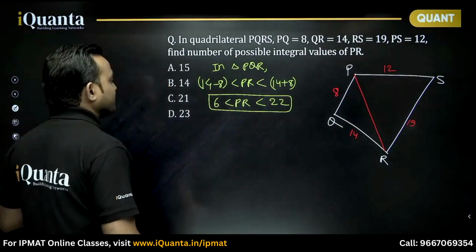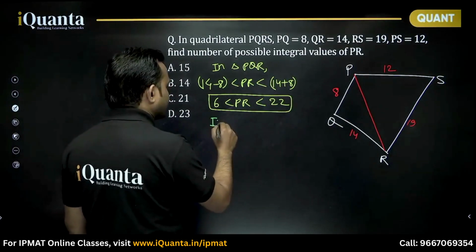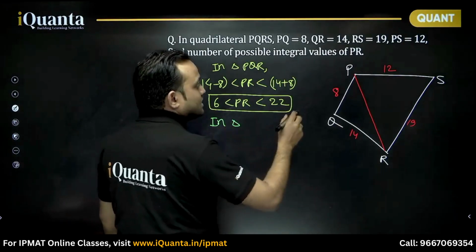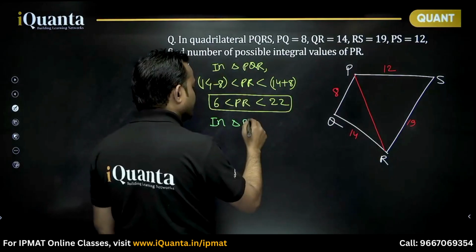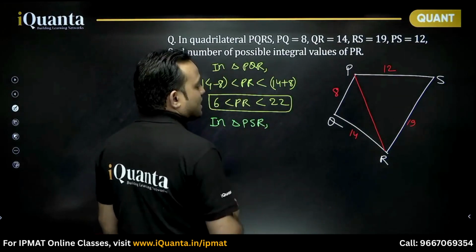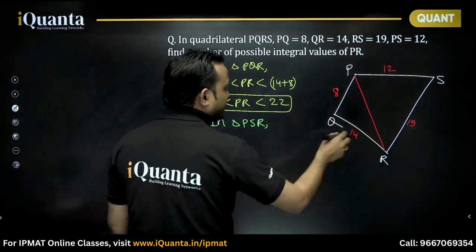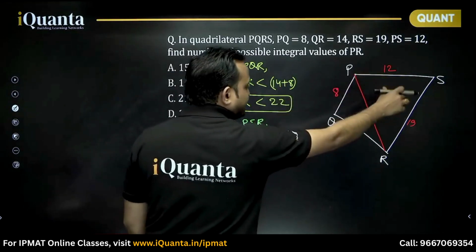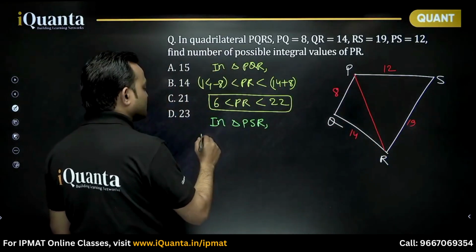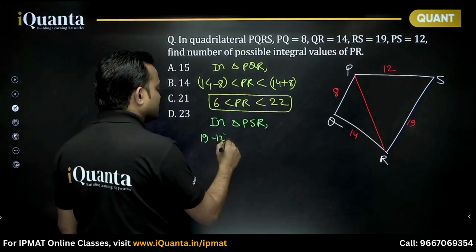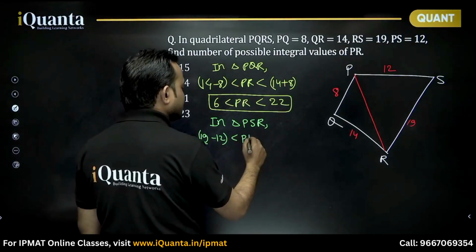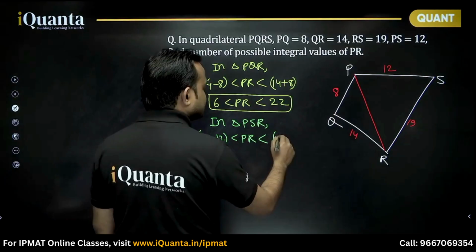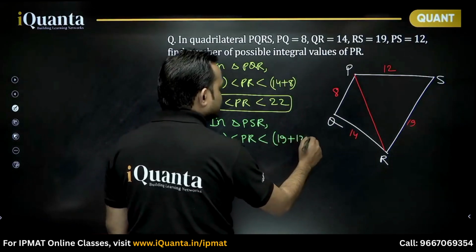Now, if we check in triangle PSR, again we can say that PR will be greater than the difference between PS and SR. So PR will be greater than 19 minus 12 and less than 19 plus 12.